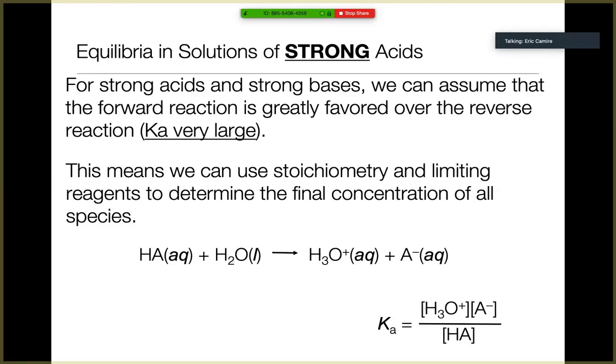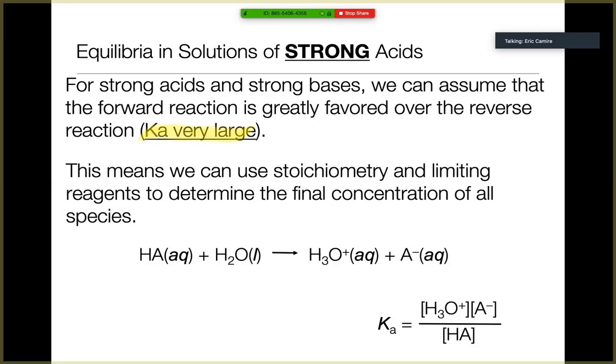But by the end of the chapter, we're going to learn 2 other ways to judge if something is strong or weak. The first one is going to be Ka, and then we'll talk about the other one later, which is structure. You can sometimes predict if it's weak or strong. But one aspect of strong acids is that their Kas are very large.